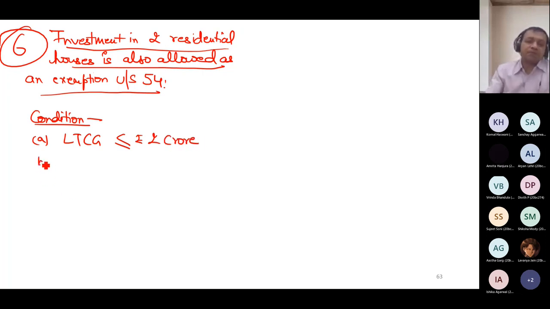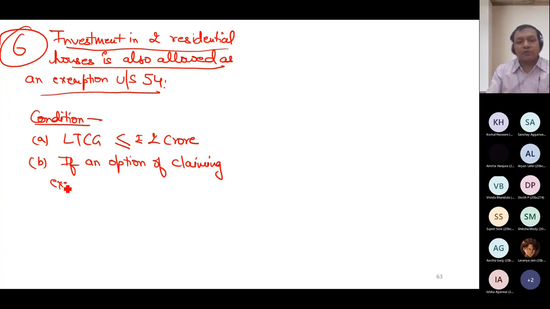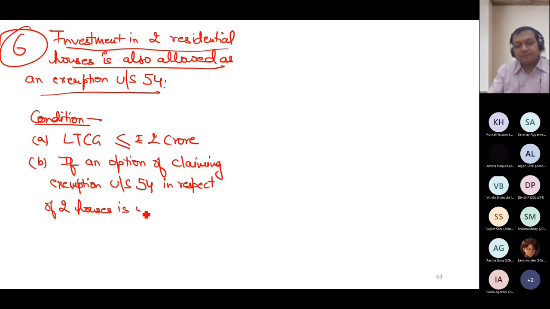Second thing, if the option of claiming exemption under section 54 in respect of two houses is utilized in any year, it can never be utilized again.